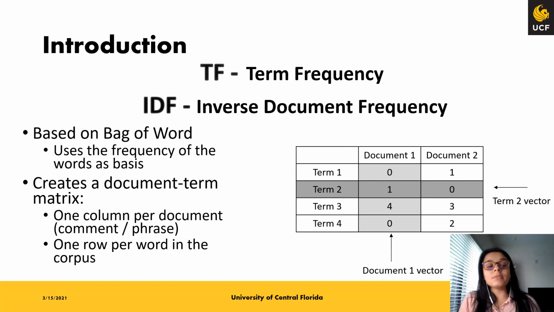So our term vector will have only 2 dimensions because we have 2 documents, and our document vector will have 4 dimensions because we have 4 terms. This one maybe is just considering the frequency, so that's why we still have to input the weights, that is the IDF. We're going to see it later.